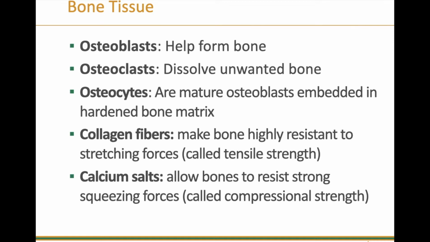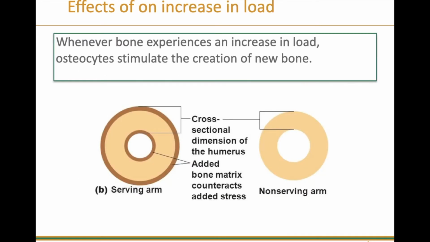So next thing is the effects of an increase in load. And when bone experiences an increase in load, the osteocytes sense that and stimulate the creation of more bone. So this figure here is from a study they did on tennis players, and they did, I believe, MRIs of their arms.